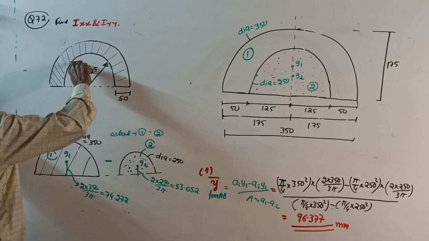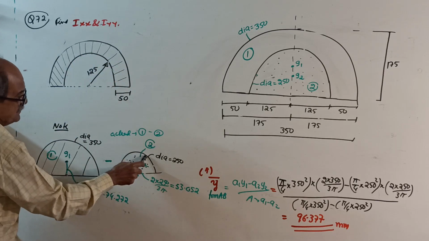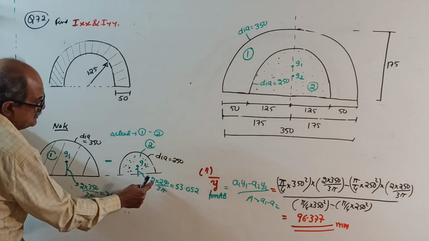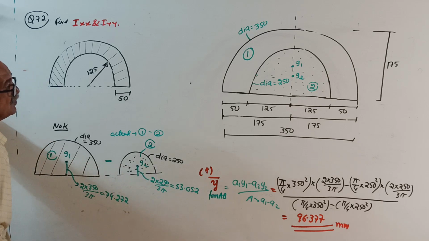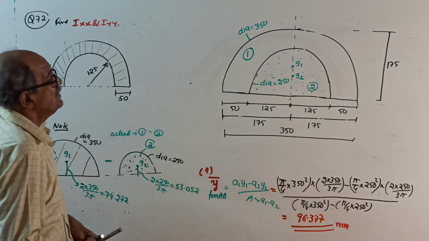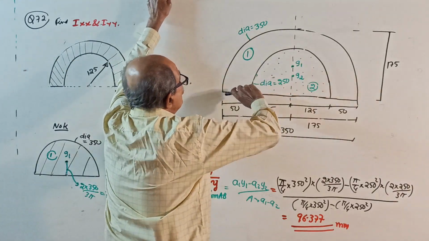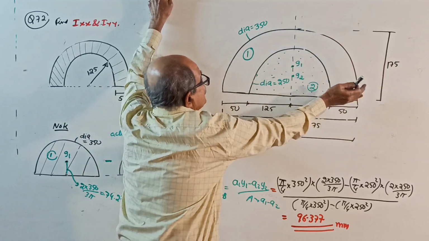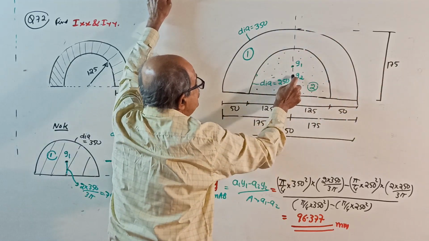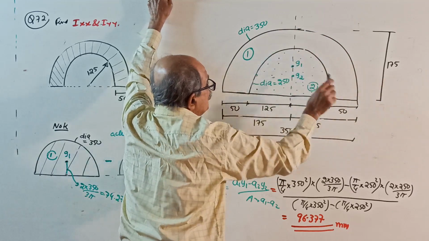Whereas for this empty portion, again a semicircle, its centroid G2 is 2 into 250 by 3 pi, 53 point something. So G1 is the centroid for the full semicircle. G2 is only for the cutout portion.